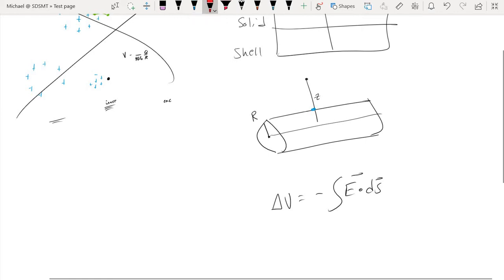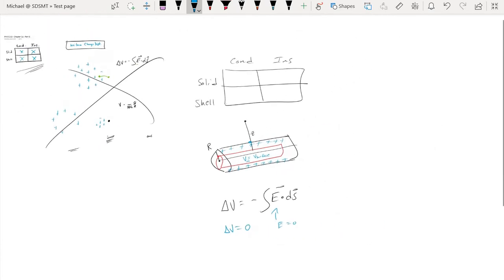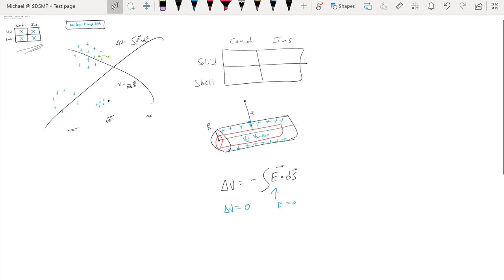And Gauss's law says that if you try to sample an area inside that cylinder, but all the charge is at the surface, as is the case with a conducting cylinder or insulating shell, there's no charge to be sampled in there, and so you have electric field equal to 0, which means that your potential cannot change, which means that the electric potential anywhere inside the cylinder has to equal the potential at the surface of the cylinder, exactly like what we had for the spheres.